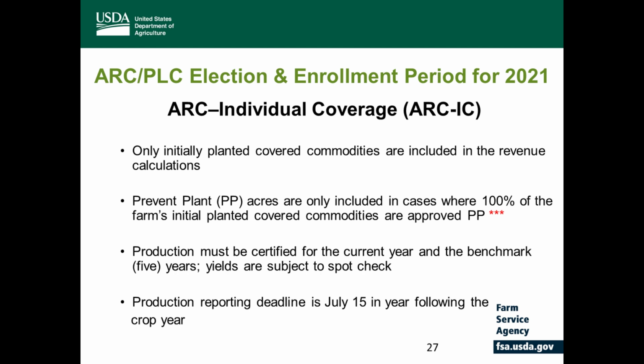Production must be certified for the current year and the benchmark years. And that production reporting deadline is July 15th in the year following. So for 2020, you would need to report by July 15th of 2021 what your production was for that farm enrolled in ARC-IC.